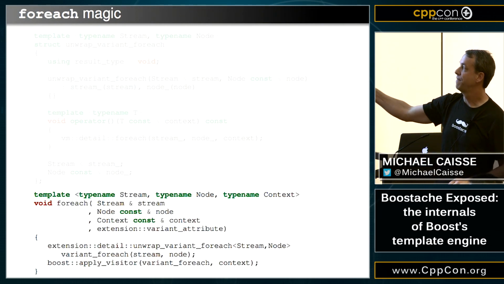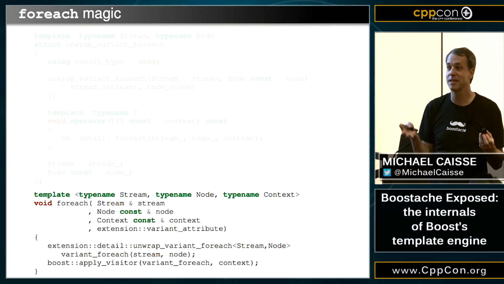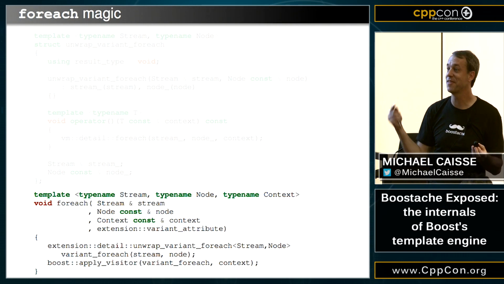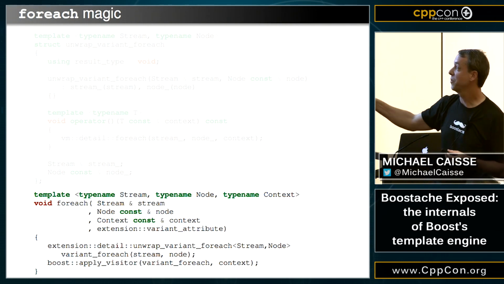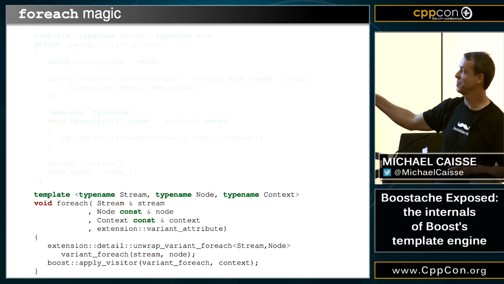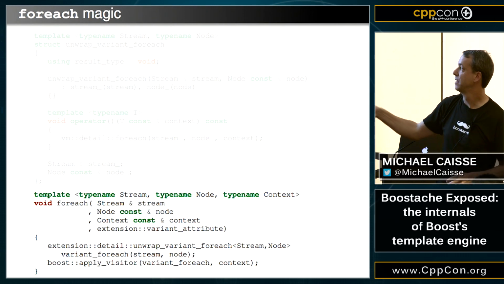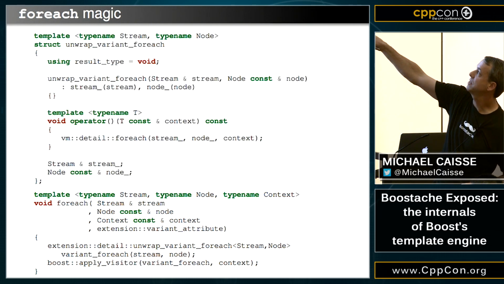What do I do if it's a variant? If somehow what I have right now is a variant, it is completely useless to me. But what isn't useless to me is the thing that's wrapped up inside. And so I create a very special variant visitor, which is not so special, which is going to unwrap this variant for me. So unwrap variant for each, which is just this.